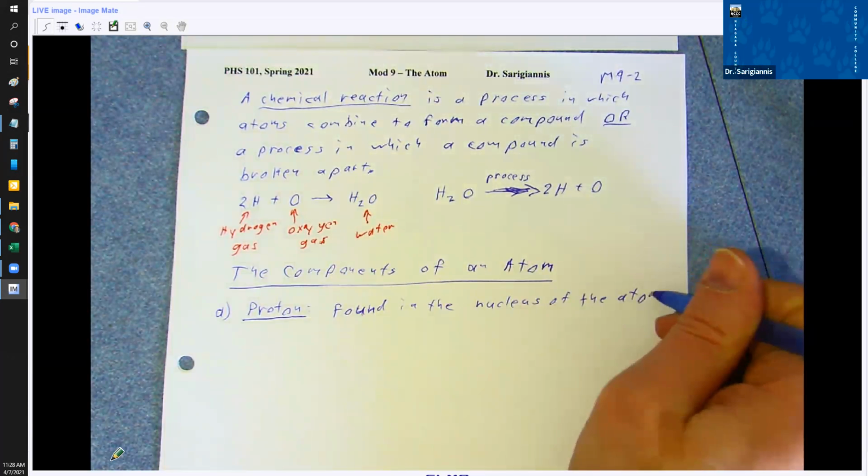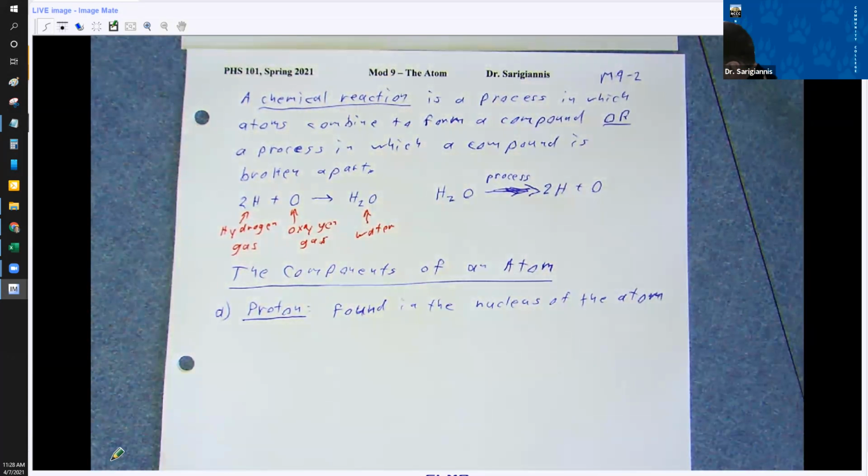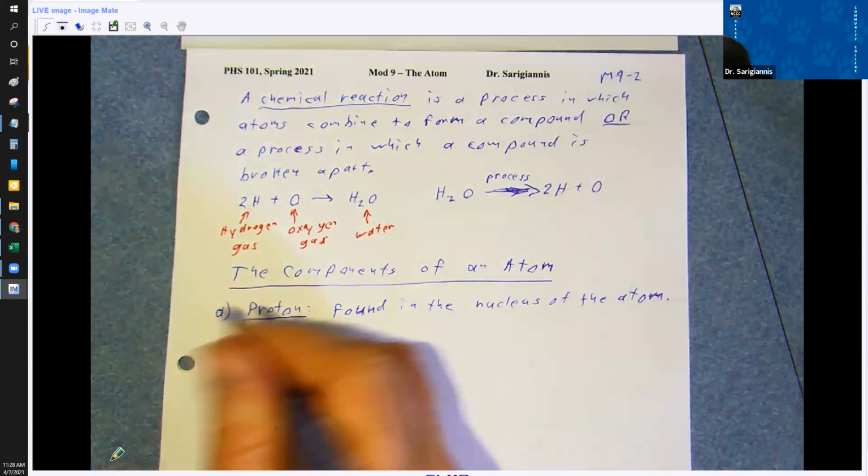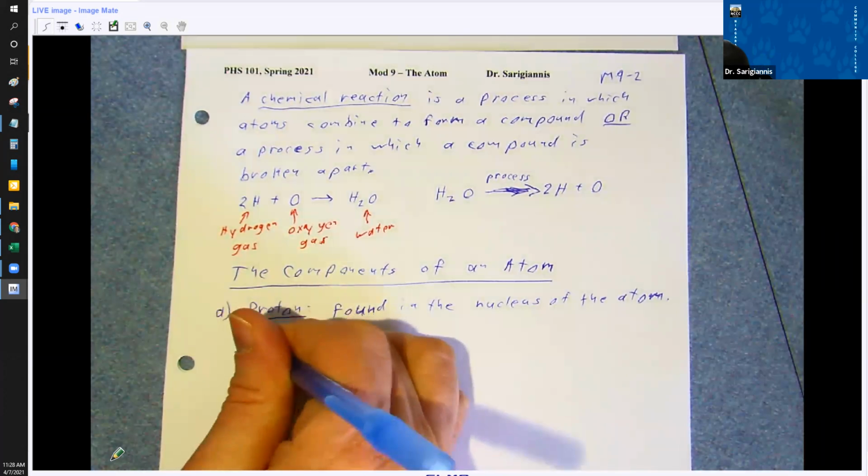And it's hard to define this stuff without taking for granted that you've gotten certain information. But you're going to find out later on how we know an atom has a nucleus. It's basically the center of the atom, right? It has a positive electrical charge.